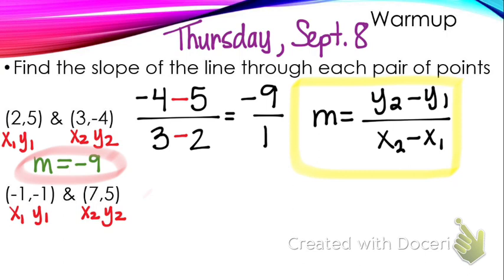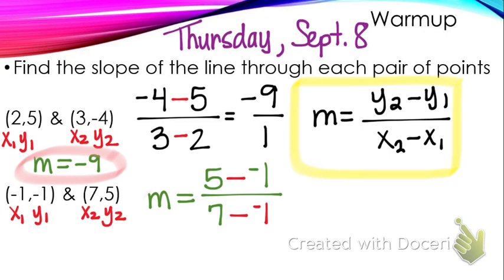So we have m equals y2, which is 5, minus y1, which is negative 1, divided by x2, which is 7, minus x1, which is negative 1.